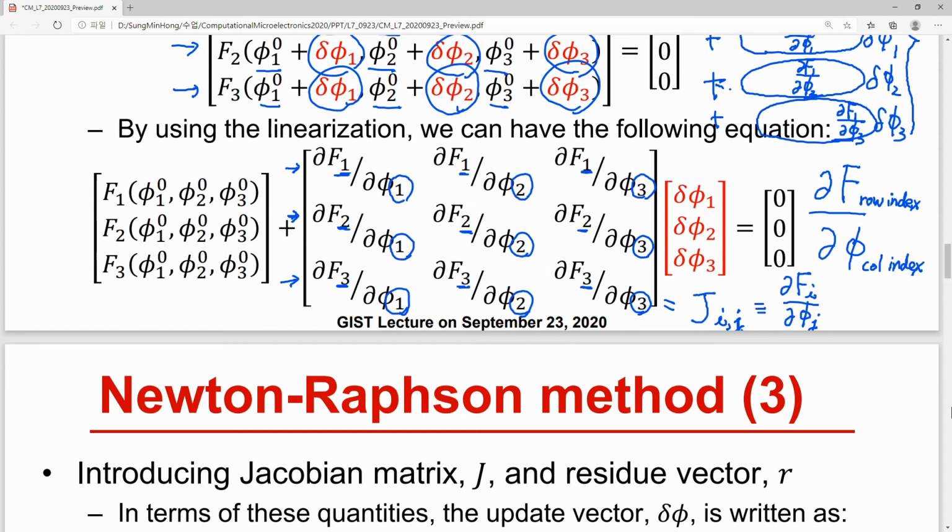That is enough to specify this J matrix. Its name is the Jacobian matrix. So the Jacobian matrix occurs for the first time in our lecture. The Jacobian plays a central role in our implementation.